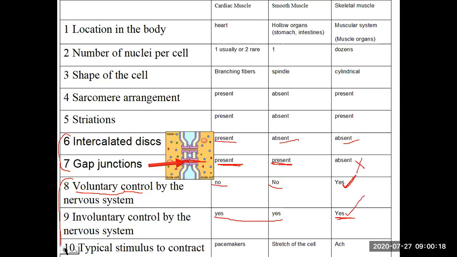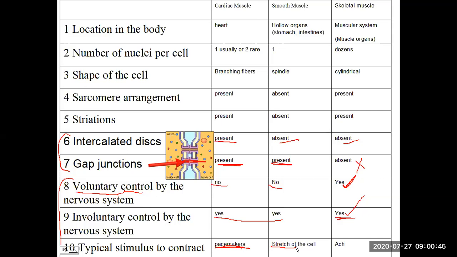And the final one we want to tackle now, just typical stimulus to contract for each type. In the heart, there's the 2 pacemaker groups that stimulate the contraction of cardiac muscle tissue, typically. There's many other sources. For smooth muscle, a major source is simply stretching of the cell, stretching of the tissue.